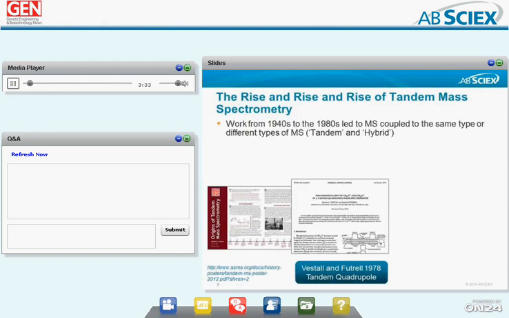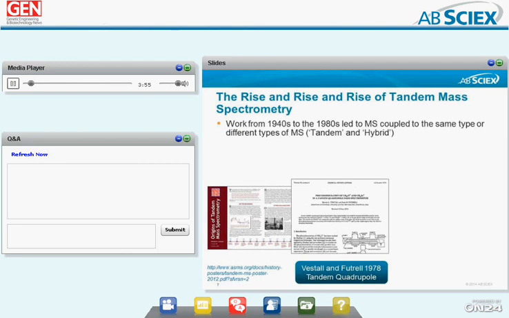The rise of tandem mass spectrometry is apparent to almost everyone who's worked in the field. And of course, it might come as a surprise to some of our younger audience to discover that, in fact, some of this work was being done way back in the 1940s. And really, by the time you get to the 1970s, you end up with instruments that are reasonably routine and commercialized.